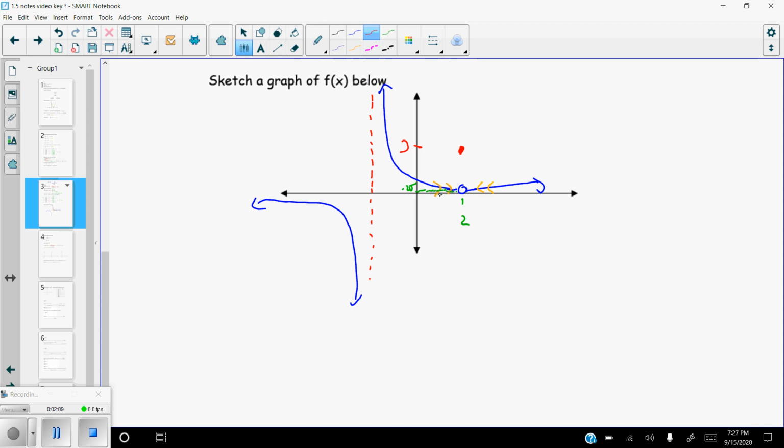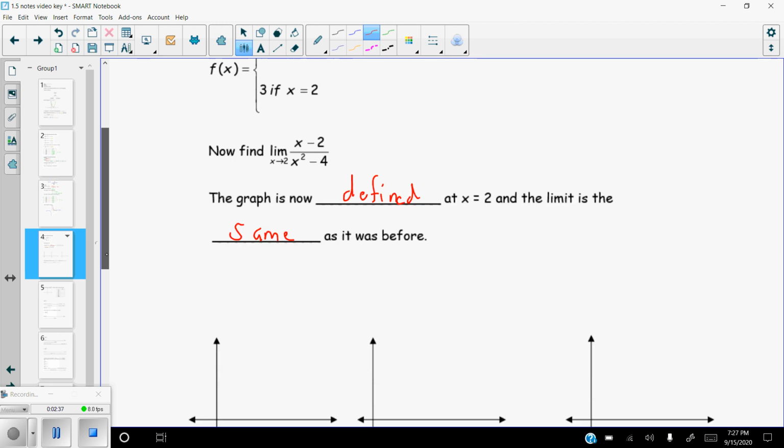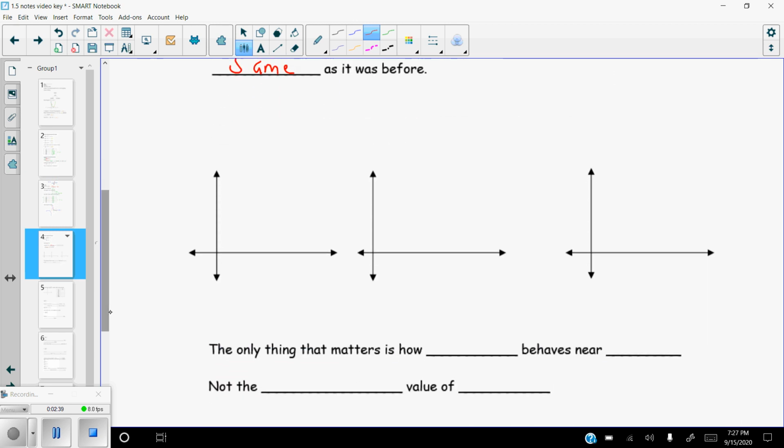Even though the value jumps way up to 3, the y values are approaching 0.25 as they get really close to x equals 2. It's not necessarily going to be the value of the function at x equals 2. So going back here, the graph is now defined at x equals 2, which was y equals 3, but the limit is the same as it was before. That doesn't change. That's a very important concept.